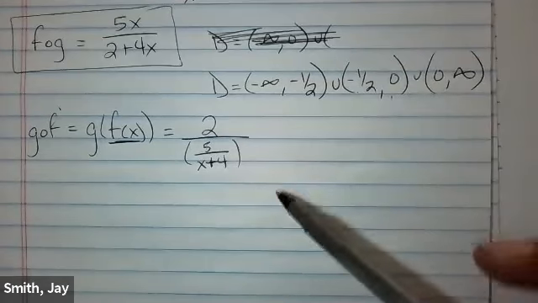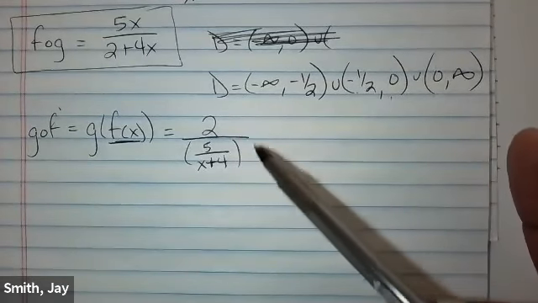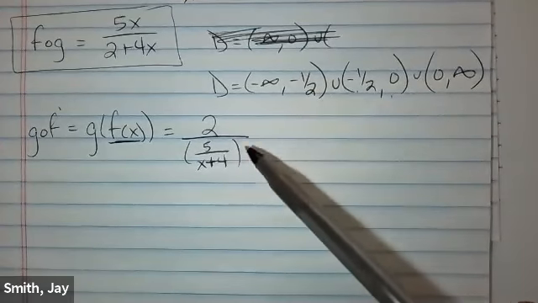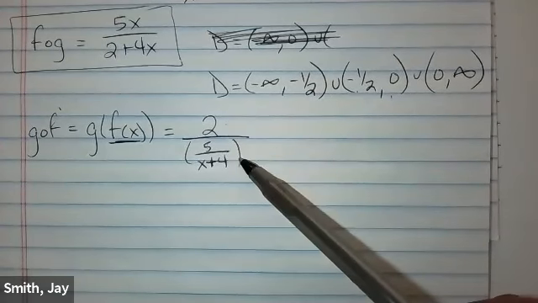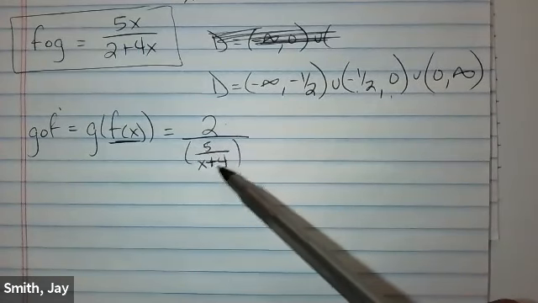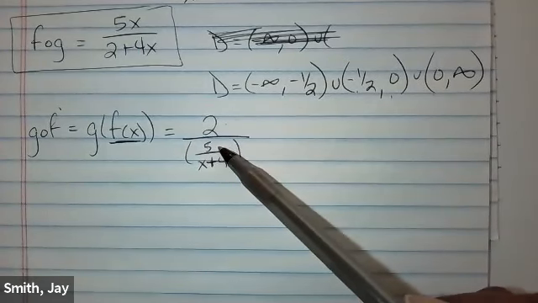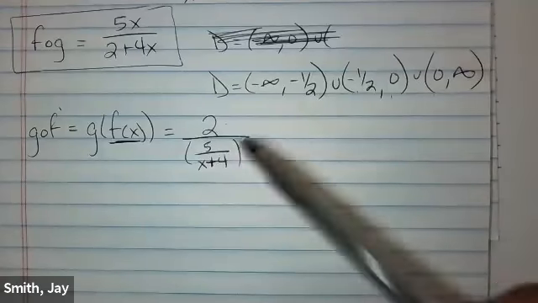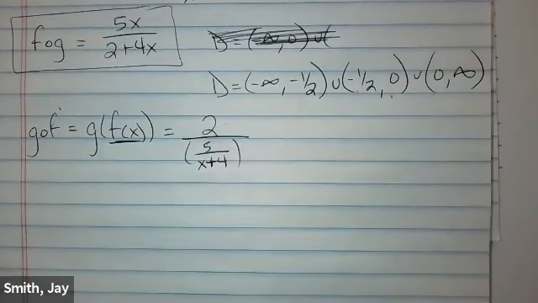Now, like I said before, we simplify. It will help to look at the unsimplified version to see what we need to exclude. As far as the big fraction, 2 over our denominator, once again, we don't have to worry about this fraction being equal to 0 because our numerator is 5. So 5 divided by anything except for 0 itself is not going to be 0. And 5 divided by 0 is undefined.